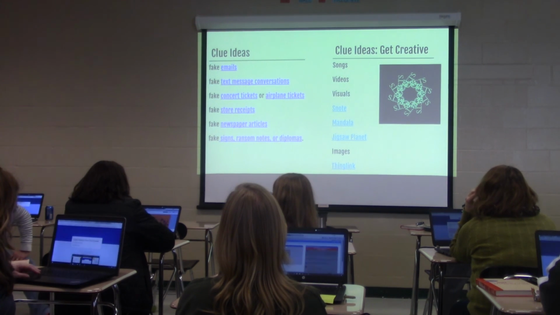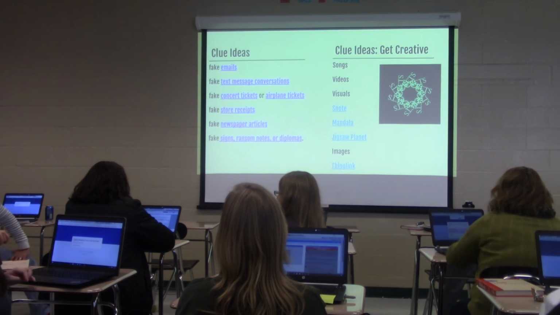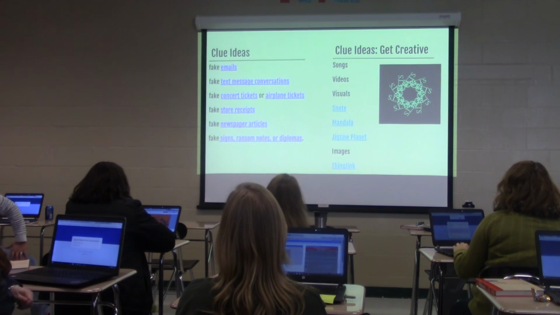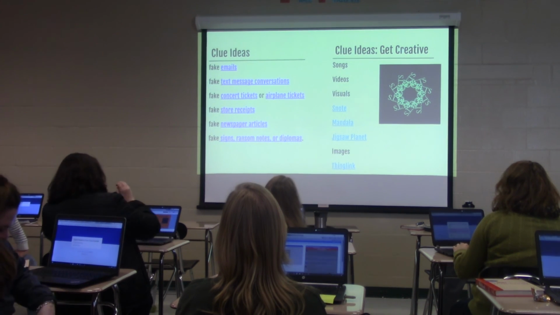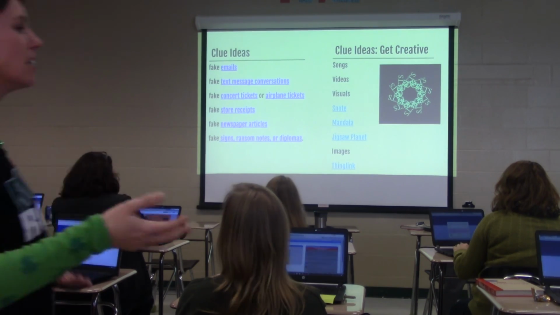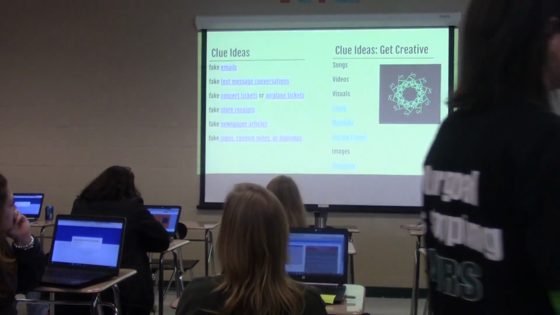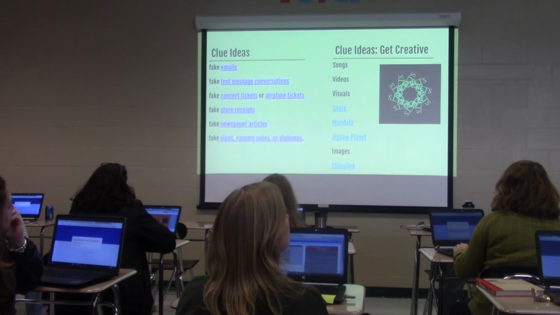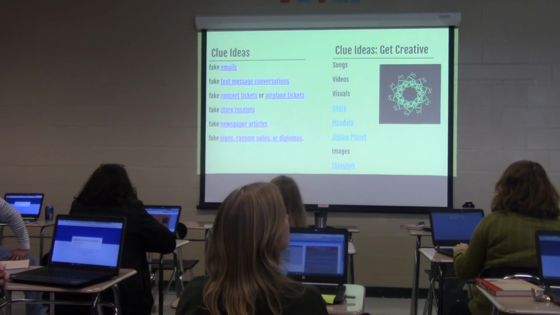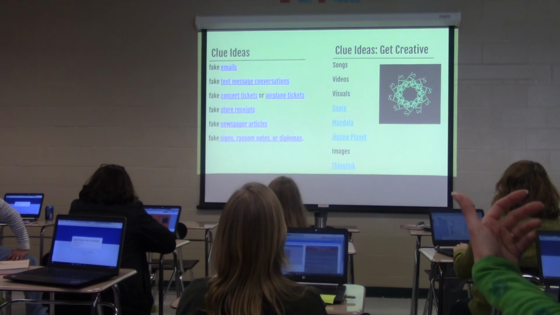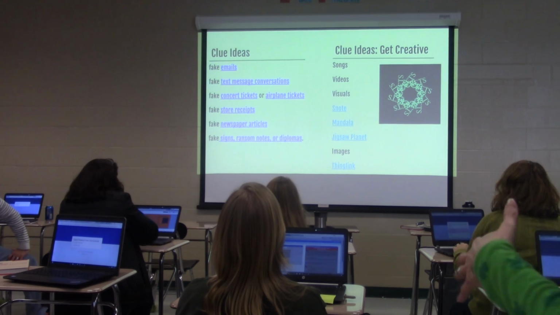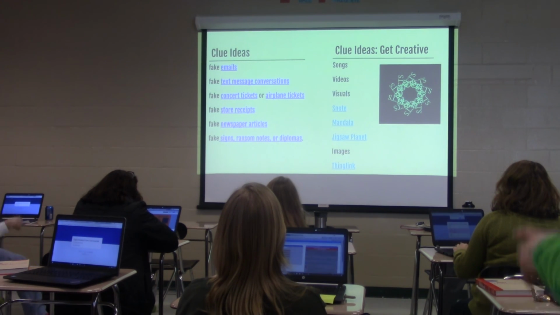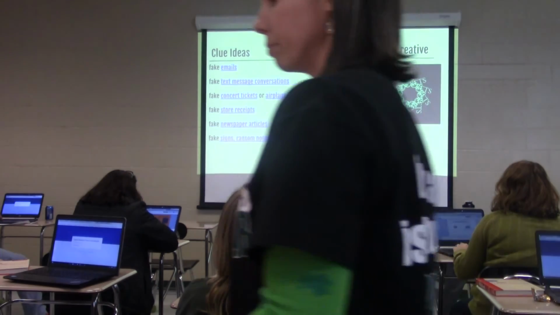Students are maybe going to be more interested in looking at a store receipt to find out what ingredients they need for an experiment than they are going to be just reading the actual lab report. On the left-hand side, if you want to get even a little more creative, you could use songs, videos, visuals, and then the snow, the jigsaw puzzle links are all places you could go to create codes.